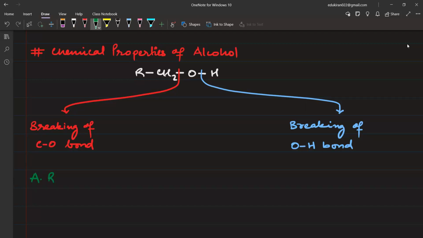A part, reactions involving cleavage of OH bond.